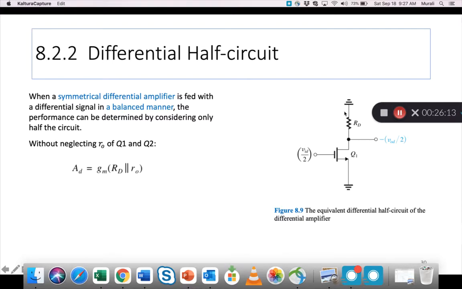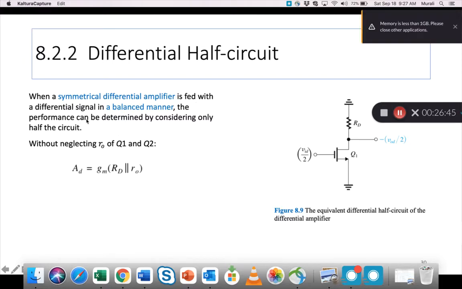Sometimes it helps to think of the differential pair as consisting of two halves. If everything about the two halves is identical, that means it's a symmetrical differential amplifier: Q1, RD, they are exactly the same for both.